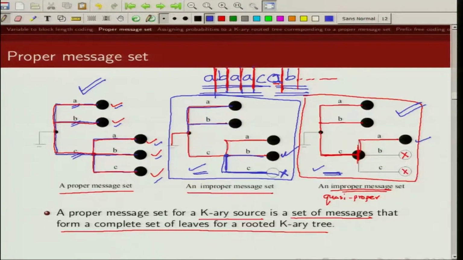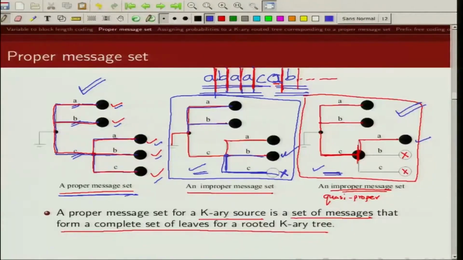The difference is, in the case of a proper message set, when bits are coming, I know exactly where the boundaries are. For example, when A is coming, I know that's my input block length boundary. If a B comes, I know that's the input block length boundary. If a C comes, I look at the next bit and I know that's my input message boundary, CA, CB, CC.